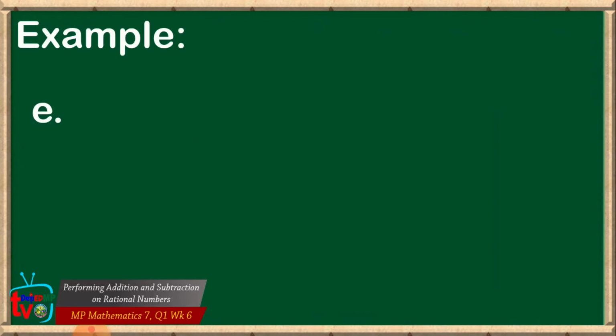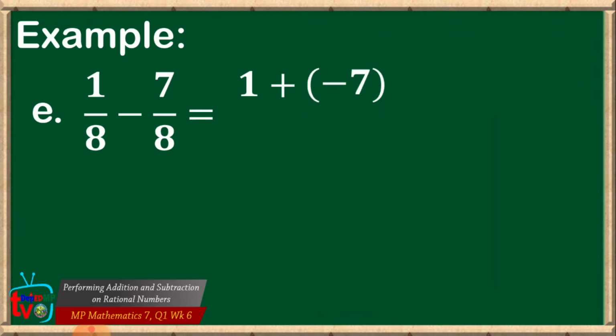Last example for this rule. 1 over 8 minus 7 over 8. Add the numerator of the minuend and the opposite of the subtrahend. Copy the denominator. Then proceed to the rules of adding different signed fractions.